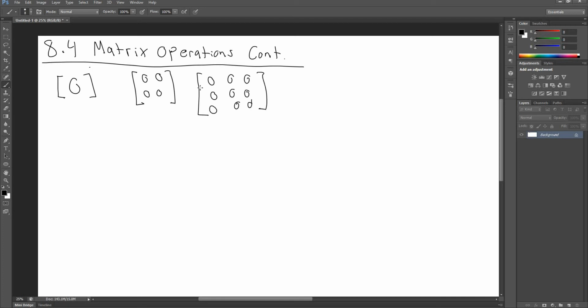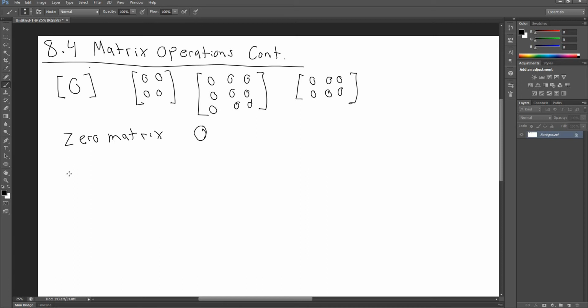This, as you may have guessed, is just called the zero matrix. And we write it as 0, and it takes whatever size you need it to take.